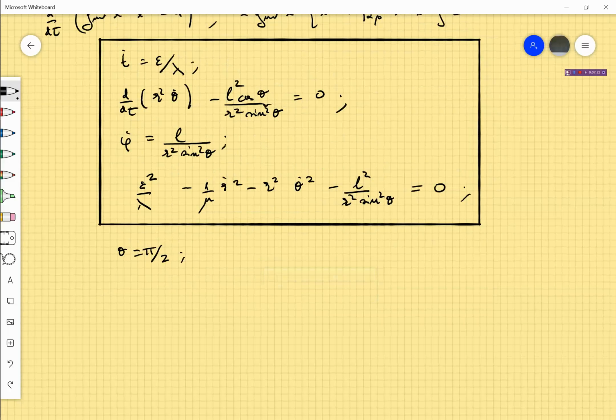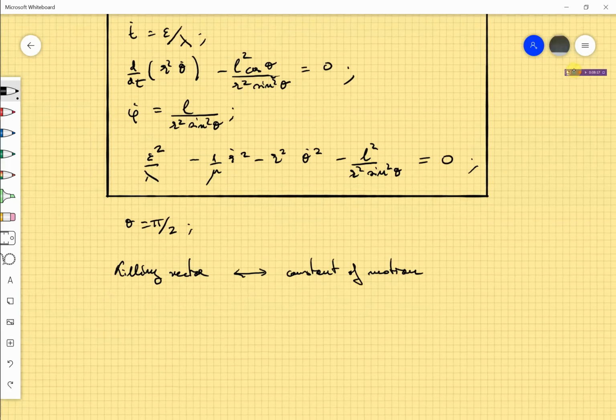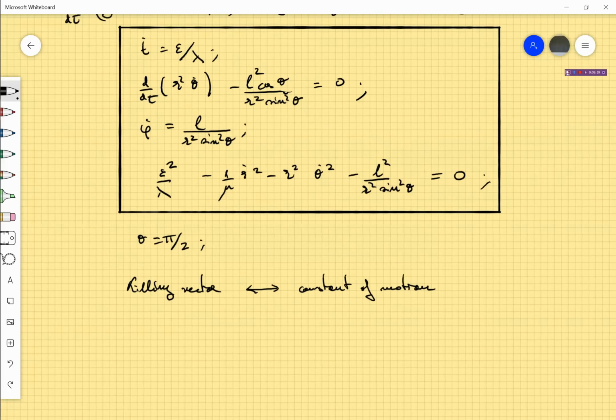And when we studied constants of motion of particles or light rays moving in a gravitational field, we associated them to the existence of Killing vectors. So for each Killing vector, there is a constant of motion. This makes you expect that there are at least 2 Killing vectors here.